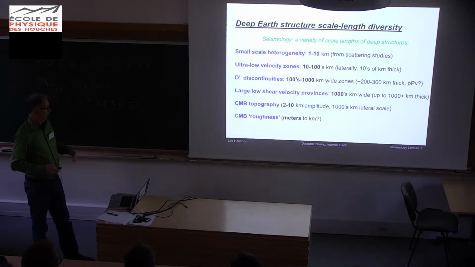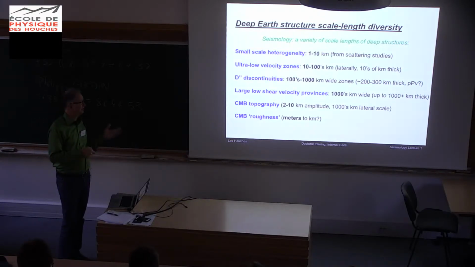Okay. So anyway, the way I think about it: small scale heterogeneity, scattering studies, ultra low velocity zones, these very fine zones, not necessarily layers, or it might be global, tens of kilometers, hundreds of kilometers, from things like these D double prime discontinuities that might be a manifestation of the phase change from Bridgmanite to post-perovskite, these blobs.